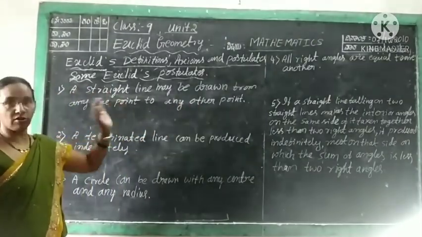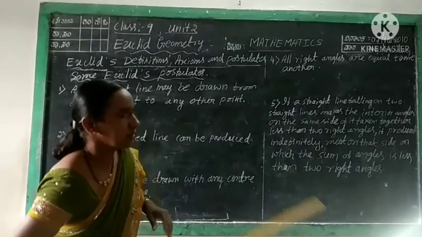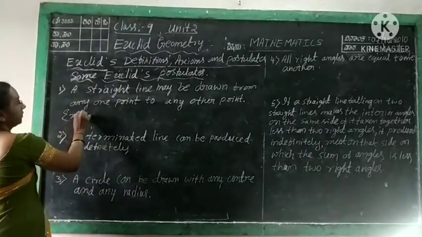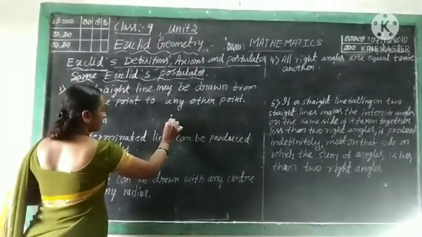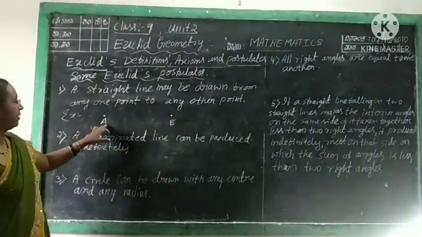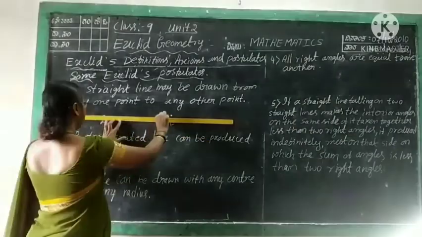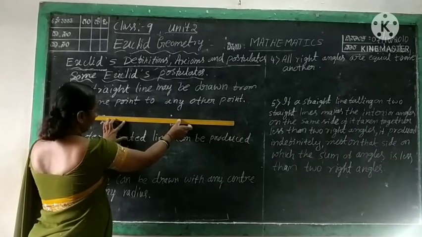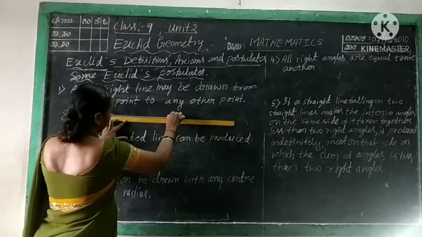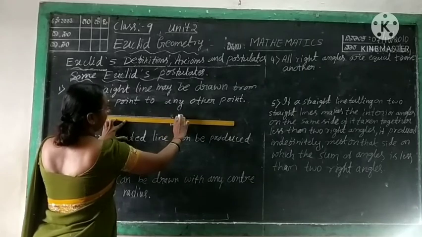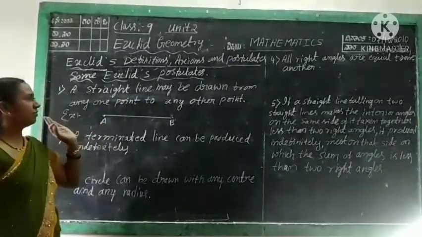See here an example. One point is A, another point is B. We draw a straight line from point A to point B. Then one straight line will be formed. We join the two points. A straight line may be drawn from any one point to any other point.